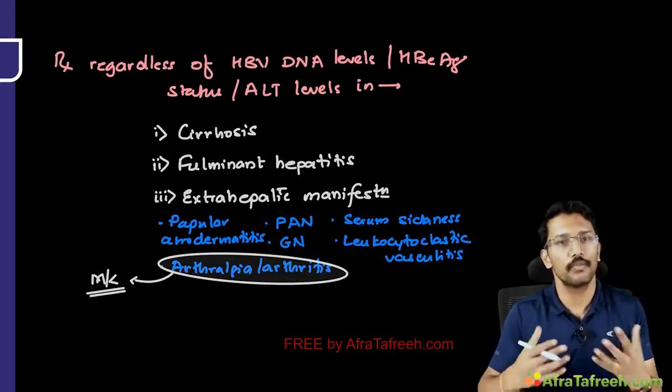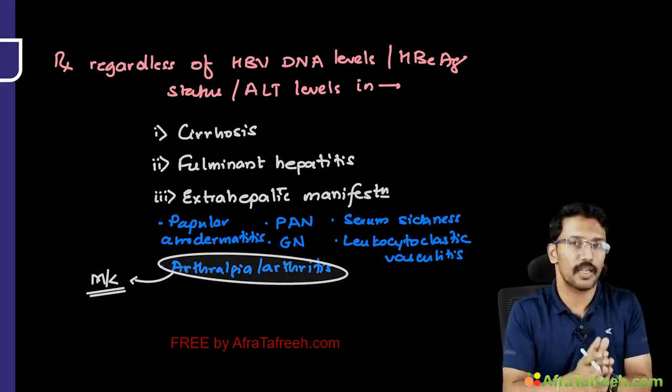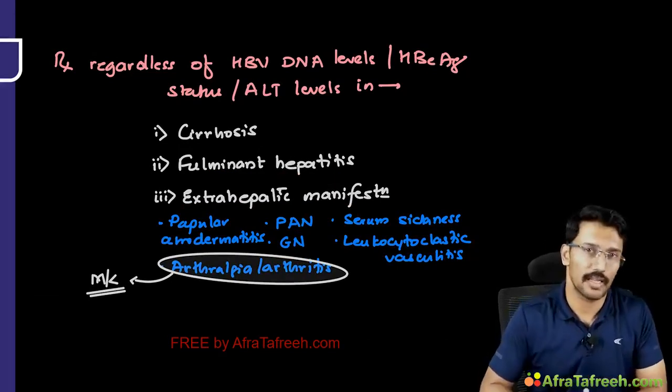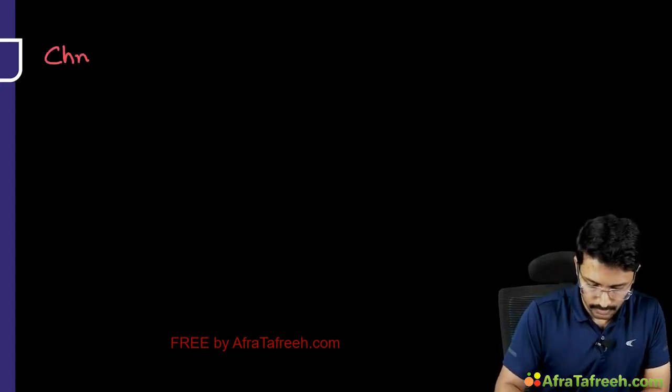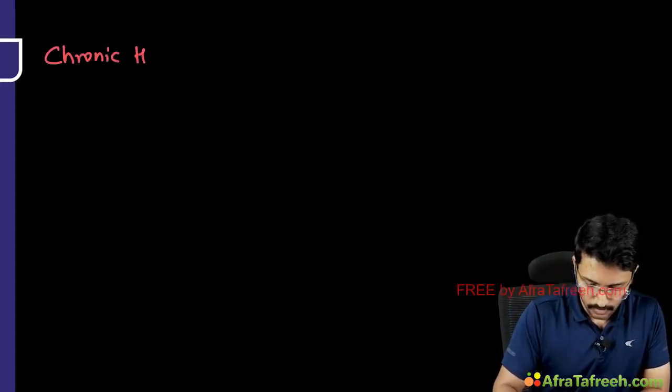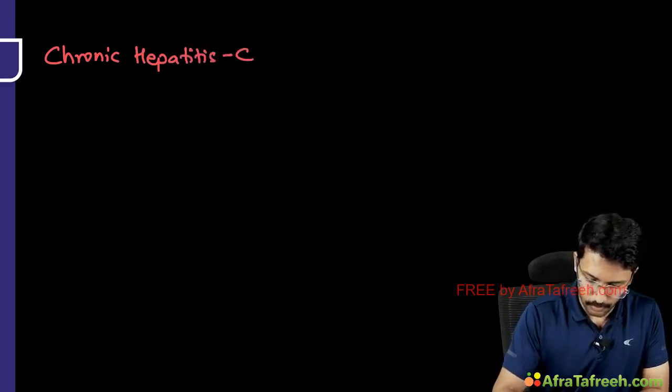Now we will move to the next important virus, which is hepatitis C, HCV. When it comes to chronic hepatitis C, I want you to remember a few important points about HCV.